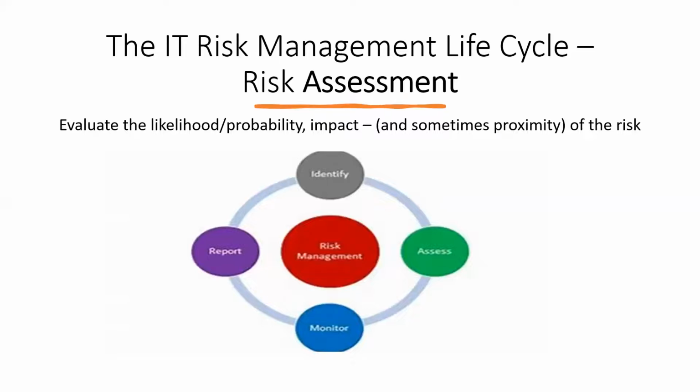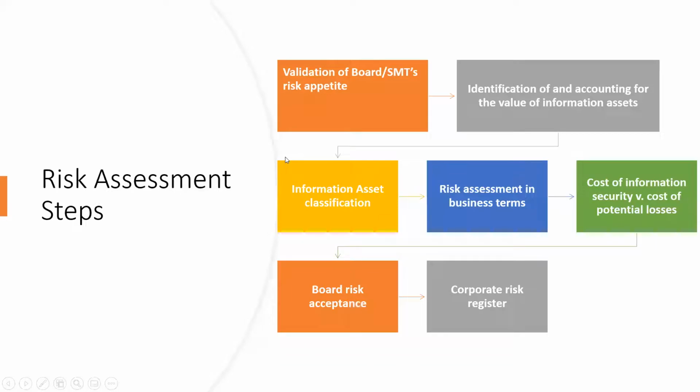So sometimes we will be required to evaluate the proximity of a risk, in addition to the likelihood and the impact. Risk assessment steps: we first need to validate the board and senior management team's risk appetite.